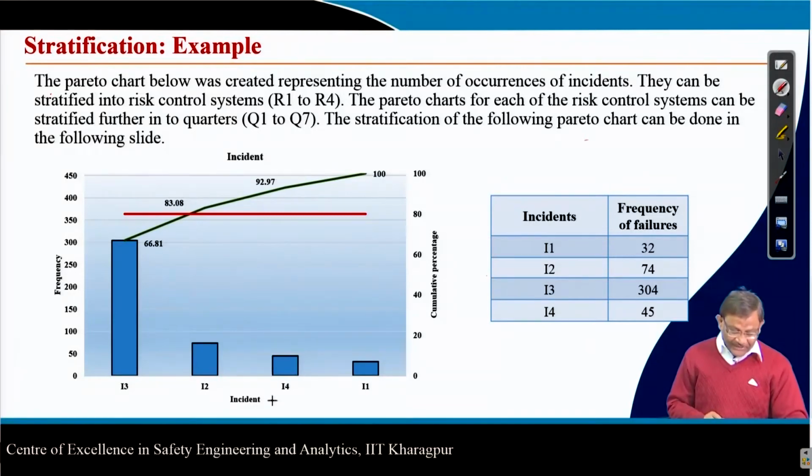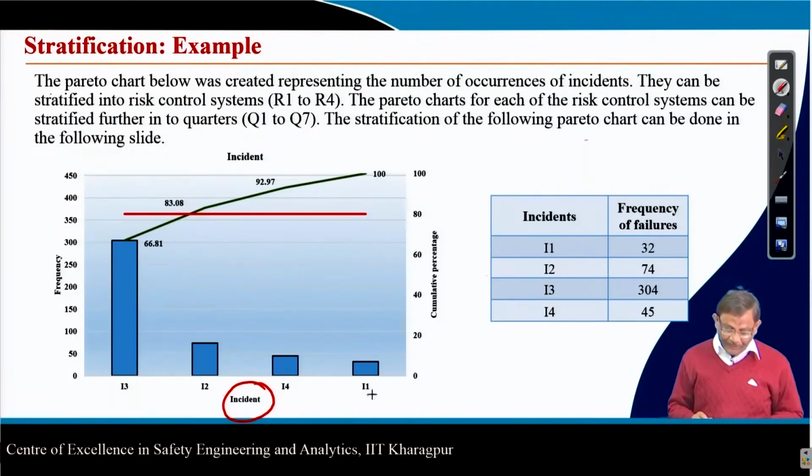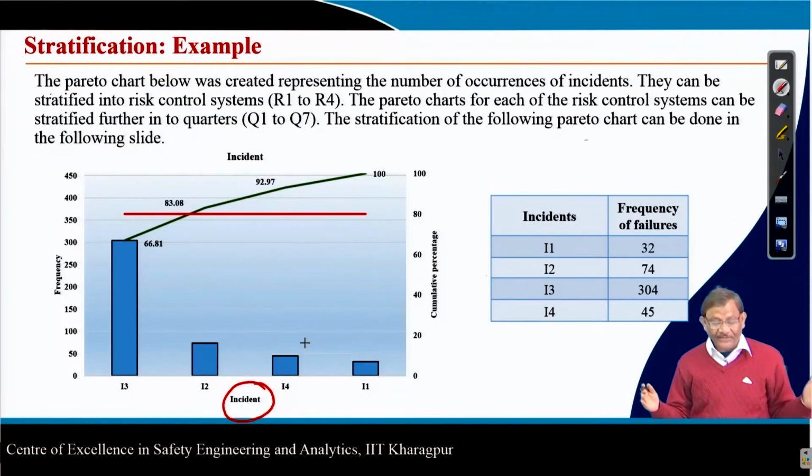Suppose we are interested in the Pareto chart from an incident point of view. This is a hypothetical one. We have found that there are 4 categories of incidents, and when we plot, we get a Pareto plot like this. But please understand, this one is taken for the entire plant itself.